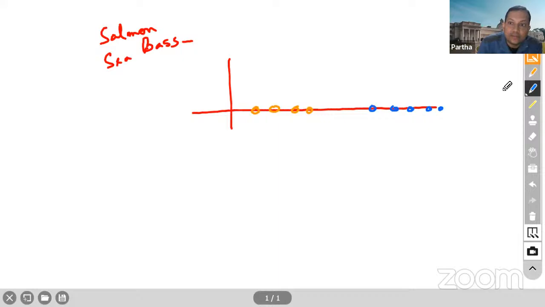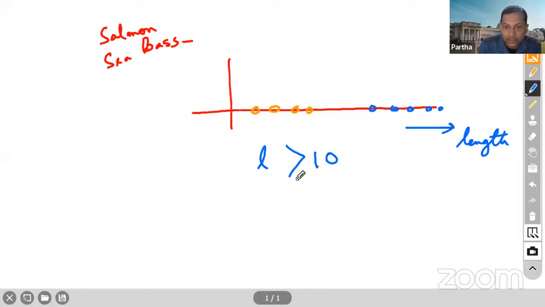If I have 8 or 9 examples showing the length feature, I want to classify them through some simple feature. Can I say that if any fish comes with a length greater than 10 units, then it will be sea bass, otherwise it will be salmon?